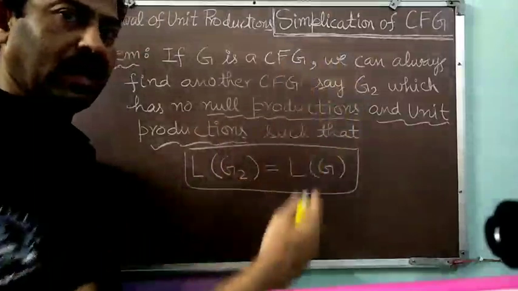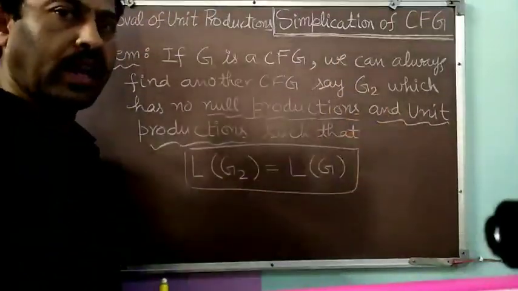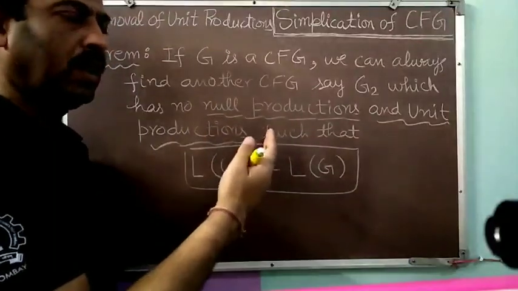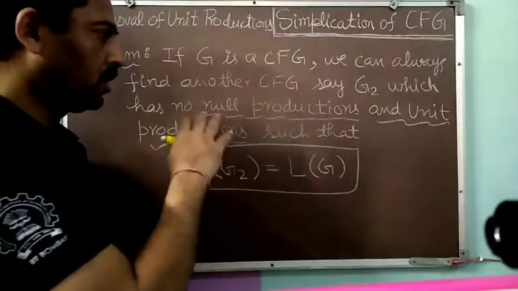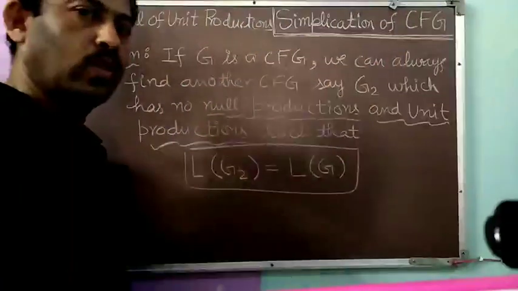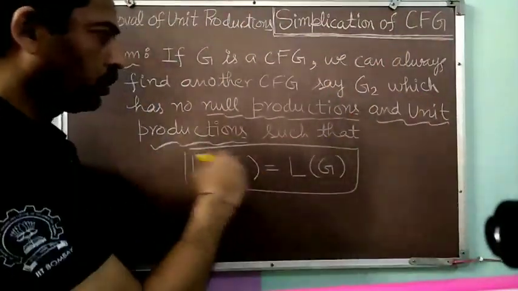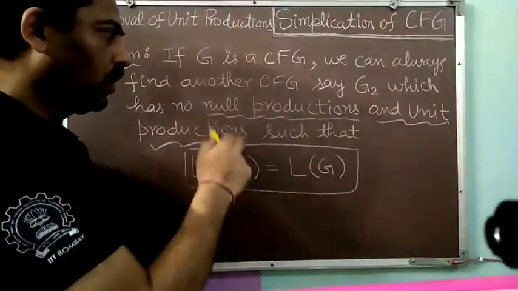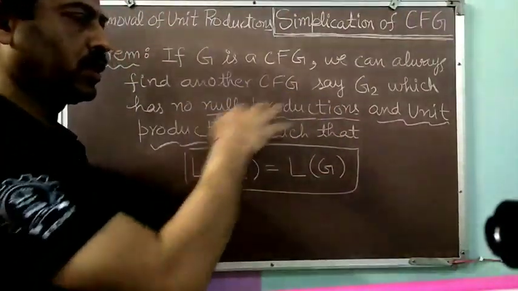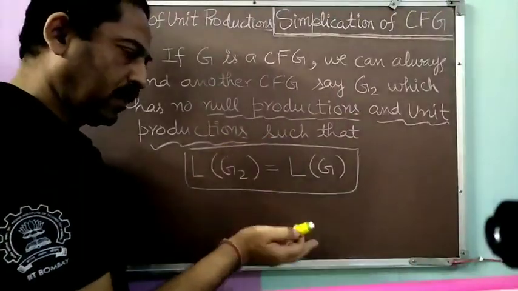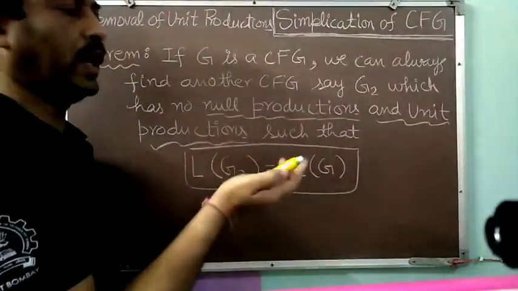Because we remove certain nullable variables, it is possible that on the right hand side there exists only a single variable, so the removal of null productions may give rise to unit productions. So whenever we remove the unit productions from the grammar, we always first remove all the null productions in the grammar, if present, because whatever unit productions have to arise.